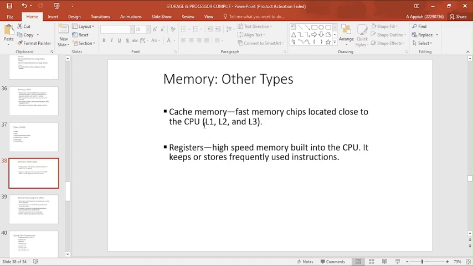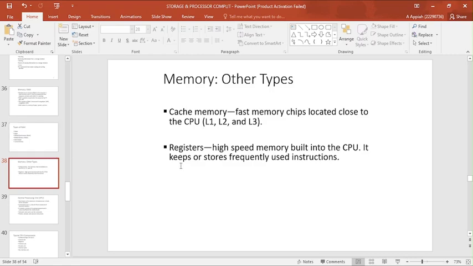L1 is located very close to the CPU, the central processing unit, and it's faster. It has faster access to data. L2 is also faster but slower than the L1, and then L3 is slower. So in terms of fastness, L1 cache comes first, followed by L2, and then the slowest is the L3 cache.